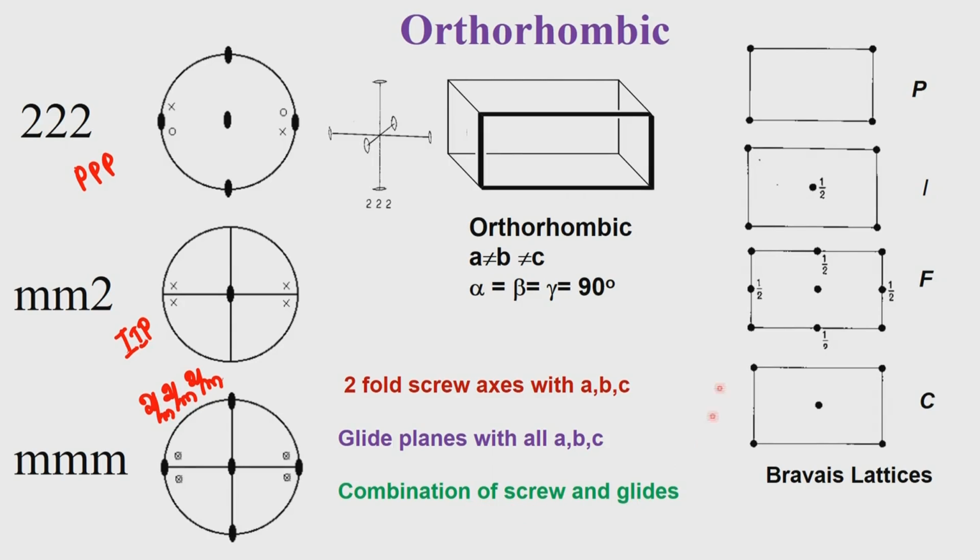So, you see now that the three proper axes can take, for example, screw axis. So, that means we can have a space group like P 2 1 2 2, P 2 1 2 1 2. We can also have a space group like P 2 1 2 1 2 1. In fact, all three are possible, and it depends upon how the molecule decides to pack itself inside the unit cell.